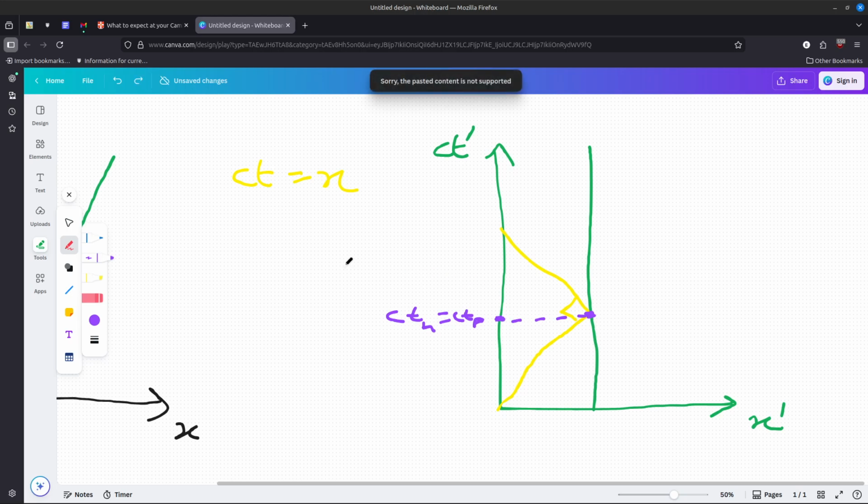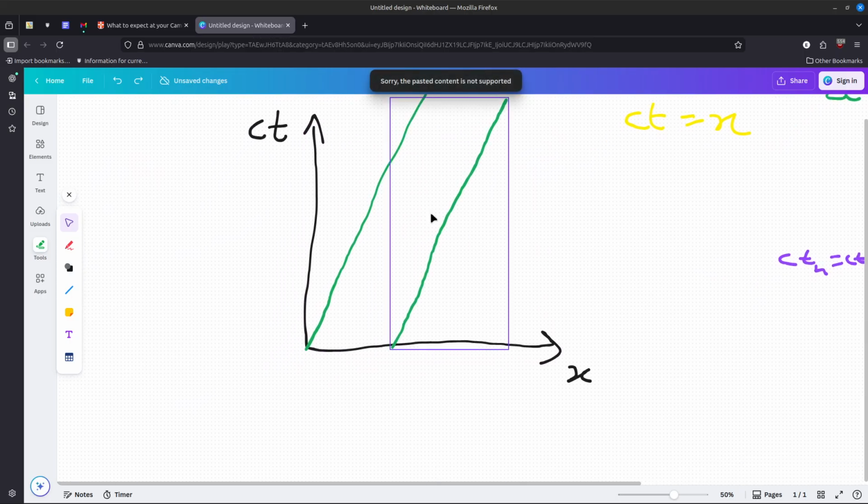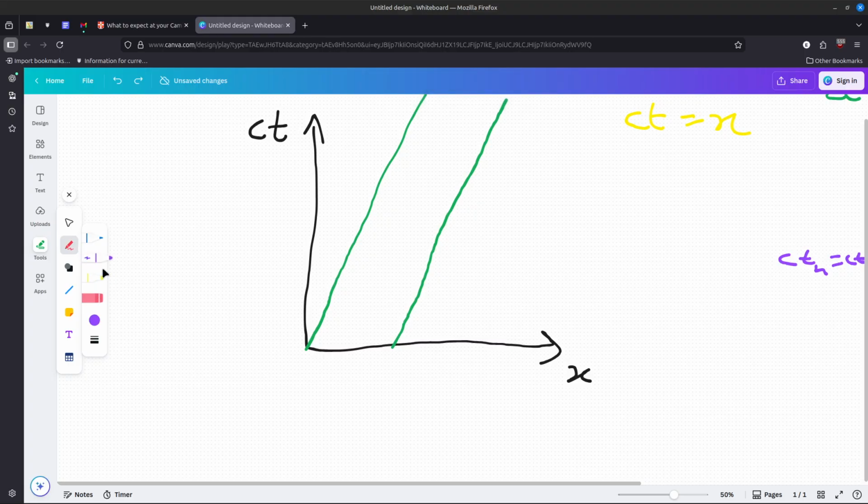But okay, let's not do that. If we go back to the guy on the platform, then to them, when this other person decides to shoot a light beam on the train, the speed of light is constant.